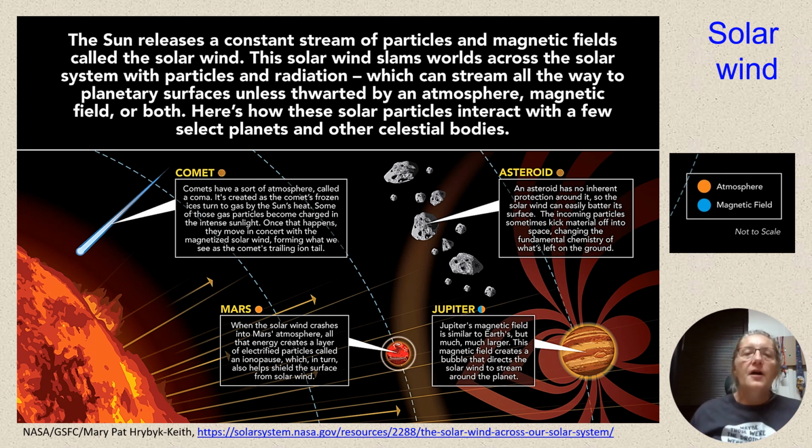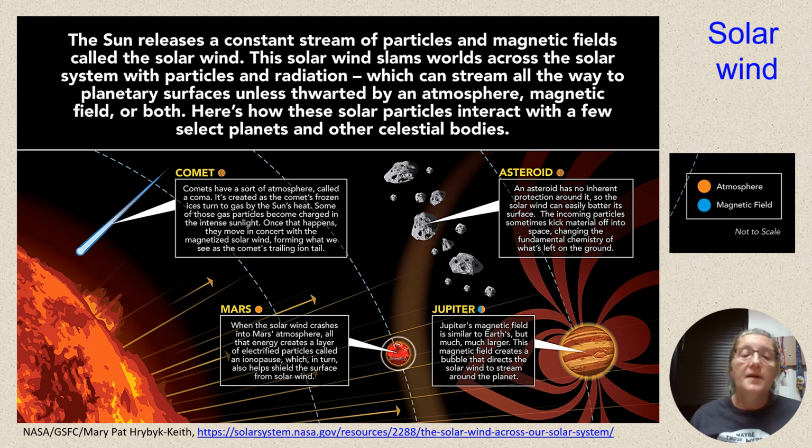This is a part of a poster from a NASA Goddard Space Flight Center conference poster, which is summarizing the solar wind, a constant stream of charged particles and magnetic fields from the sun. The solar wind interacts with everything in our solar system. We can see it interacting here with comets, all right?